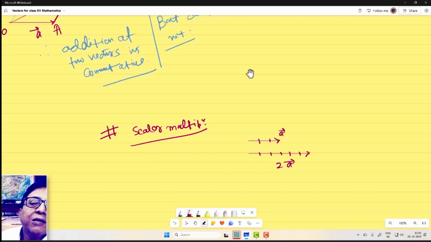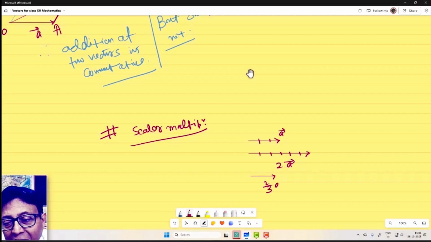How to write 2/3 A? 2/3 A will be in the same direction, but the magnitude will be of 2 units only. Till this, this is going to be 2/3 A. 2/3 of that, because we have taken just 1 unit and 2 units.